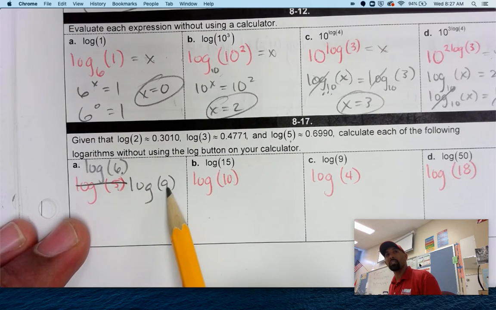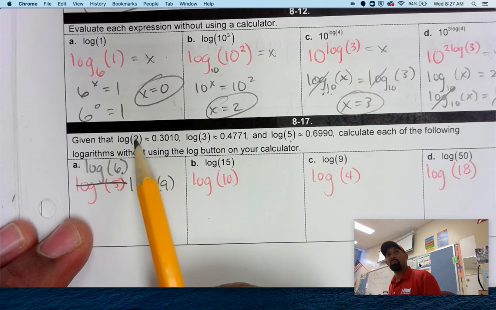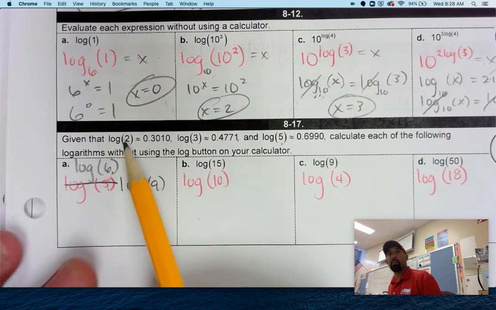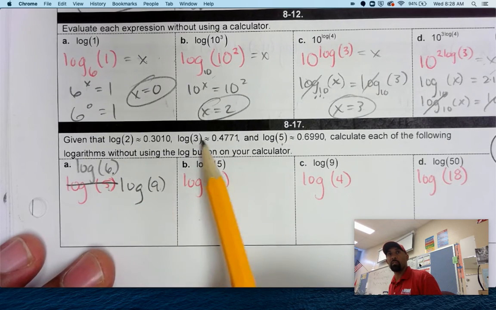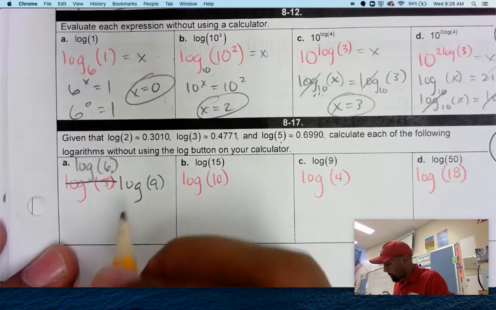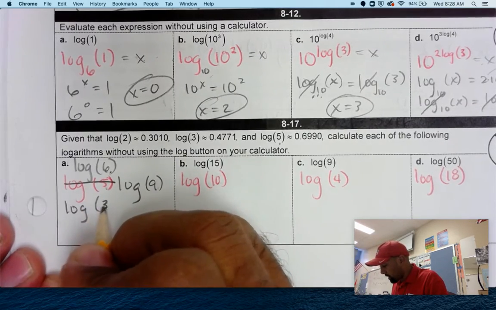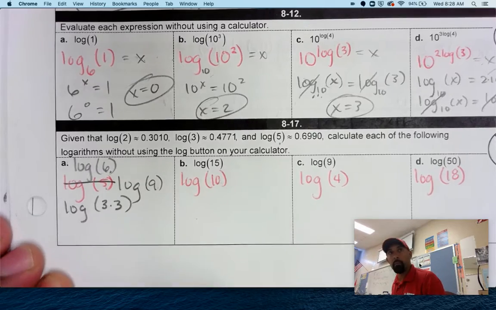How can I split 9 up so that both of the numbers I split it into are one of these, either the 2, the 3, or the 5? I know that 9 is also 3 times 3.